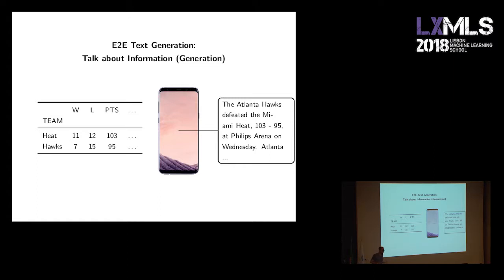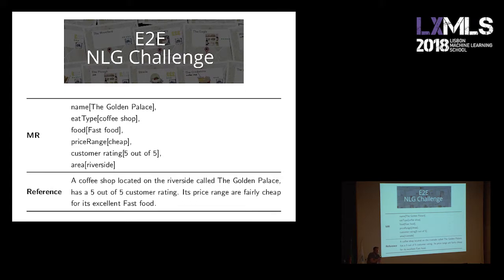The other part of the problem that's quite fun is that we can actually check how well we're doing because we know the ground truth information from the table. So working with structured data gives us that possibility. The first problem I'll talk about is a shared task that was run last year by researchers at Heriot-Watt University.